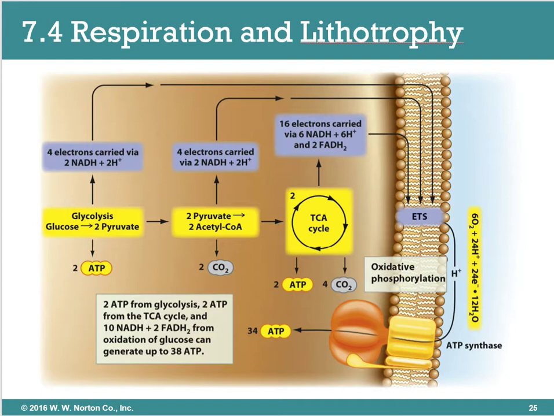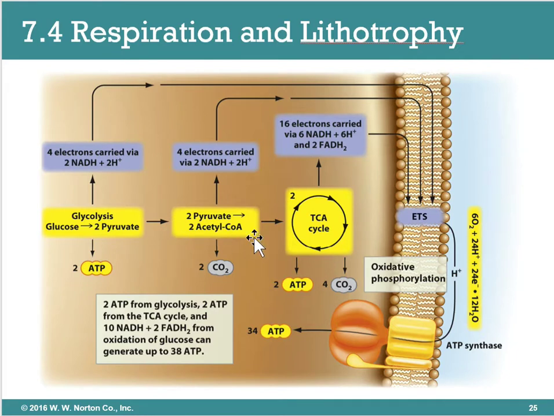So in glycolysis, we start with glucose and we make 2 pyruvates. And from this process, we pop off 2 NADHs and 2 ATPs. And then those 2 pyruvates will get changed into 2 acetyl-CoAs.